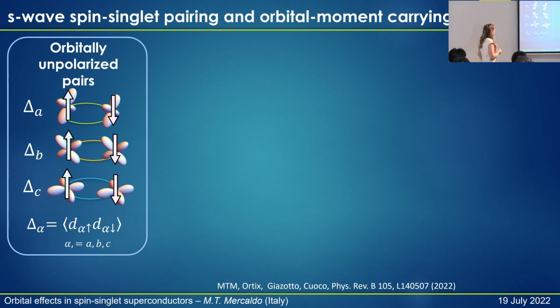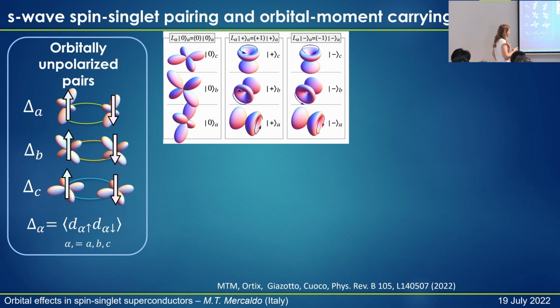The starting point we have is these zero projection wave functions, and as a starting point, orbitally unpolarized pairs. So these kinds of pairs, in the superconductor order parameter, have zero angular momentum.